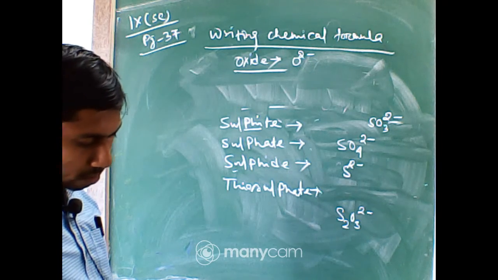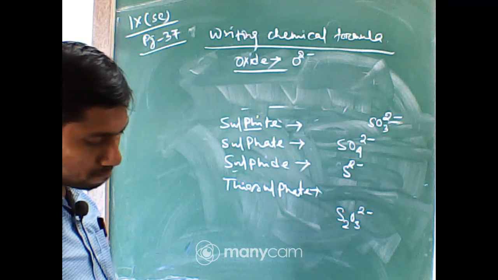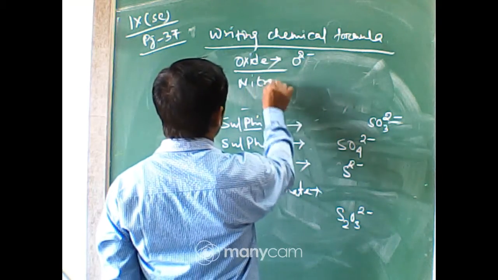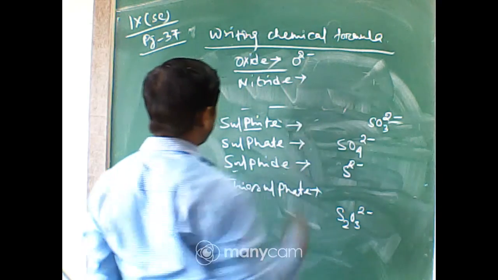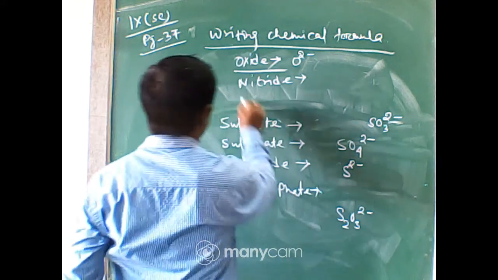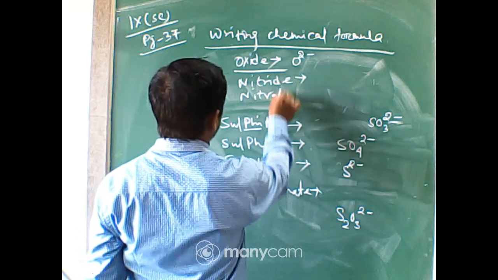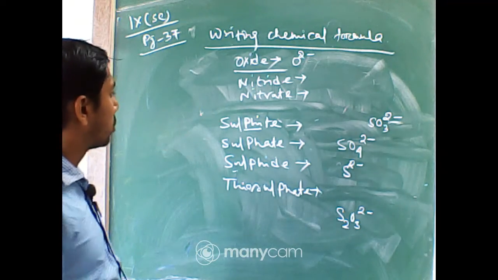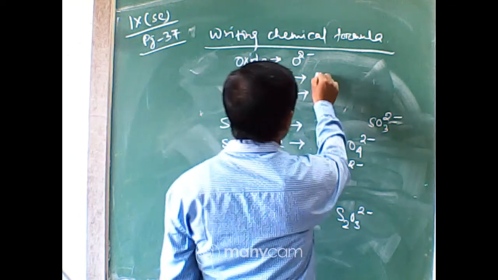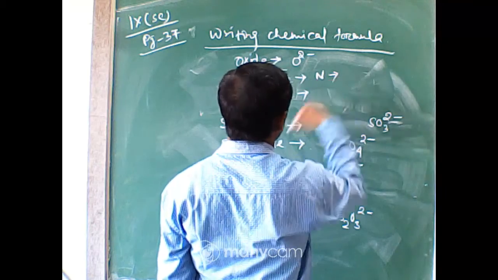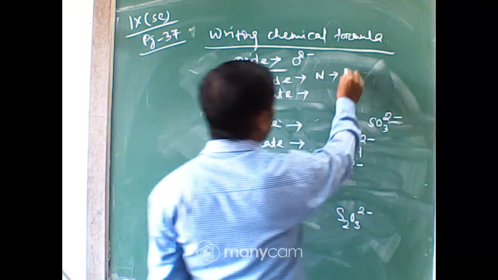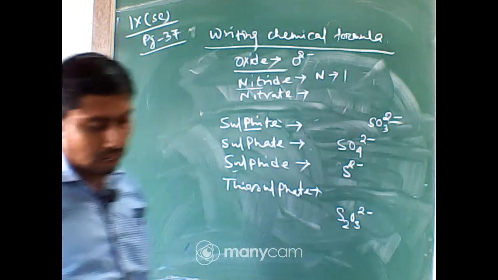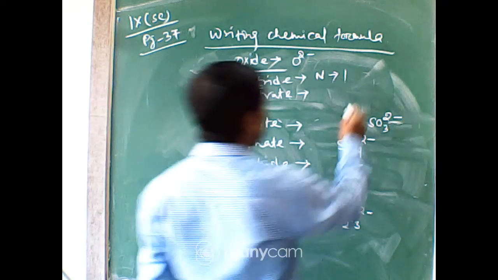Next one, that is nitride, nitrate. These are also there. Nitride: the number of nitrogen atoms is 1, and the charge is 3 minus.